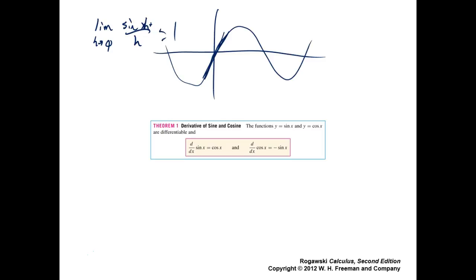It may be a little off in yours. The limit, as they use theta, I used h. The limit of sine theta over theta is 1. And the second one: the limit as theta approaches 0 of 1 minus cosine theta over theta is equal to 0. That one's 0. The other one's 1.